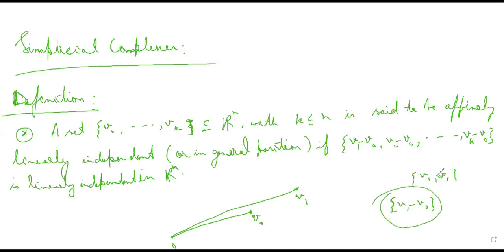This is linearly independent if and only if V1 minus V0 is non-zero. So basically, V1 minus V naught in this case is independent.